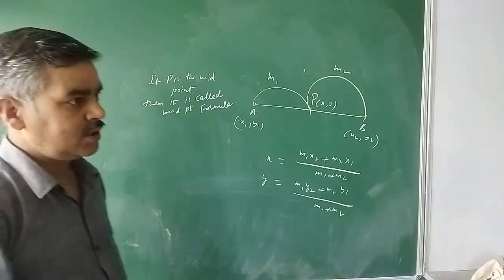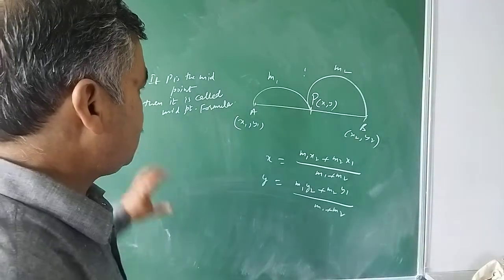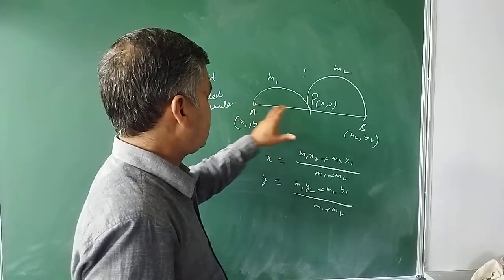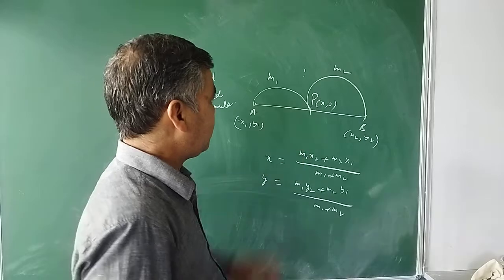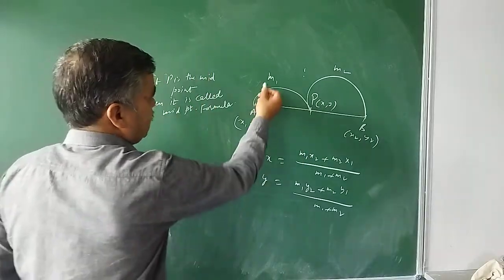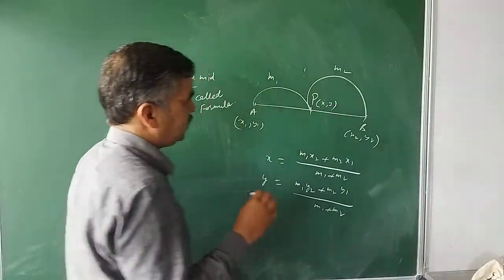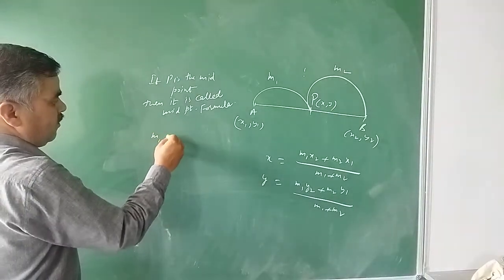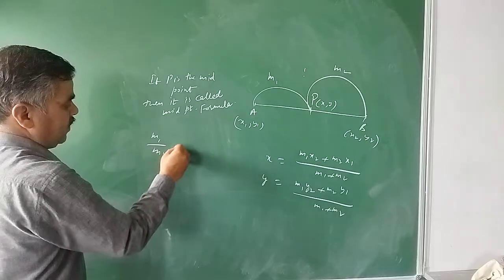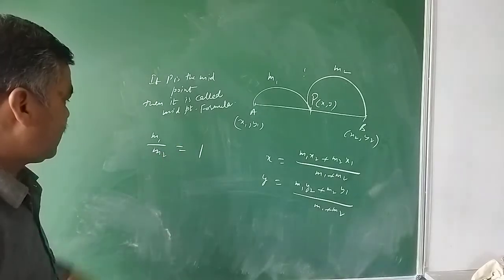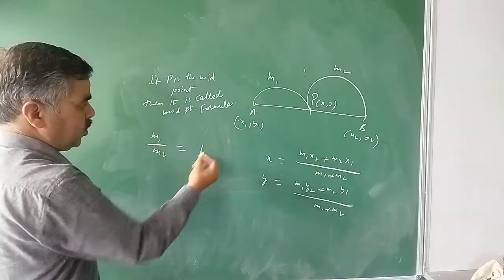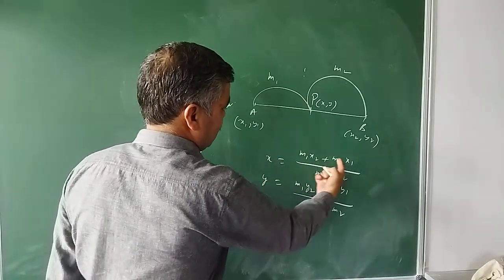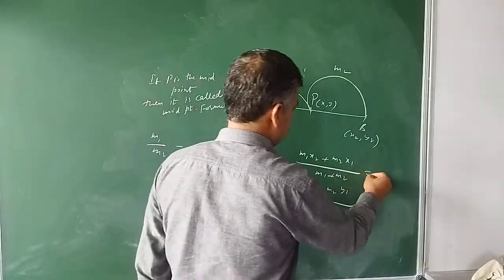Why? Look at this. Because you see here, as I mark this point P, what happened? This M1 and M2 is definitely getting divided into two equal parts. So here M1 upon M2 will be equal to 1, and then M1 will be equal to M2. So each you can replace here by 1. So then you see the result here.